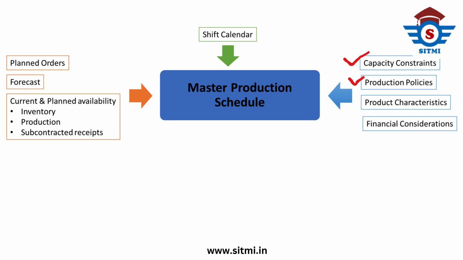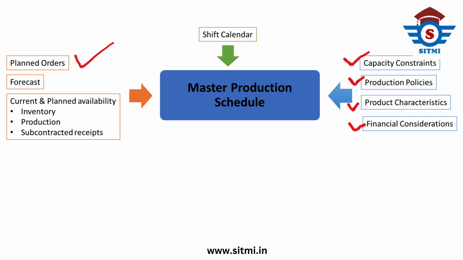It also considers production policies like minimum order quantity or batch size. It also considers product characteristics, which is basically a bill of material, which we will talk about in our next topic. It also considers financial considerations like available cash flow to make the production plans.